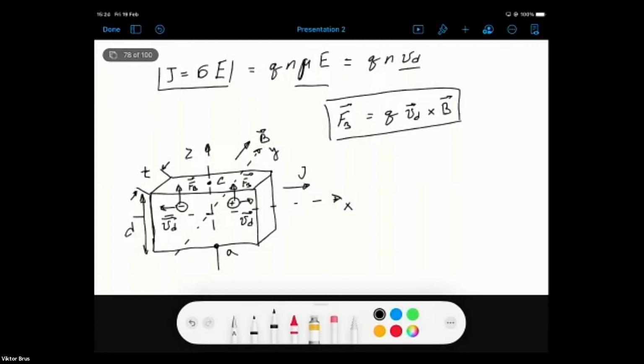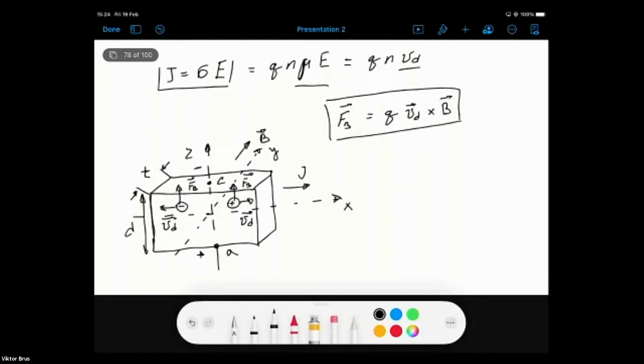At the same time, since we know that the conductor should be electrically neutral, there will be some uncompensated positive charge of metal ions, which are fixed in the crystalline lattice of this conductor material, in the vicinity of the bottom edge of the conductor. So we will have some excessive negative charge on top, like here, and some excessive positive charge next to the bottom edge of the conductor.